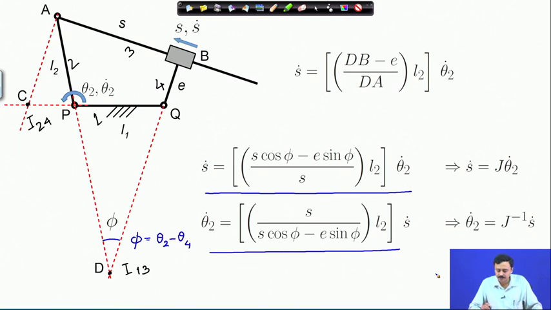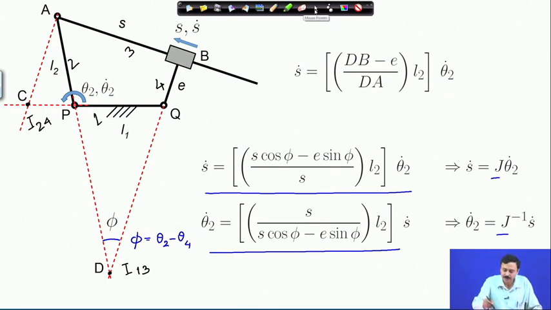So, these expressions of the Jacobian as defined in this slide look very different, or more complicated, so to say, when you compare them with that obtained from the analytical method.